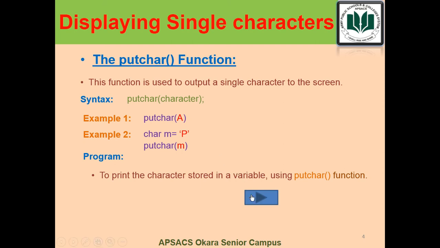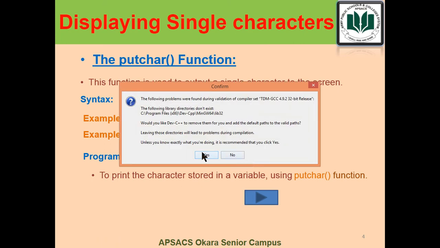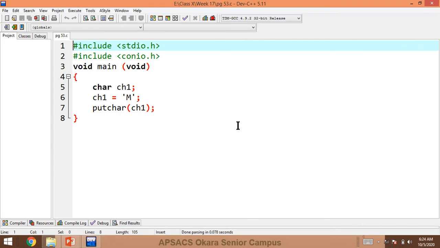So let's start. Okay students, this is your Dev C++ environment. You have to install Dev C++ to understand the programming. Here I have written the code to output a single character on the screen.